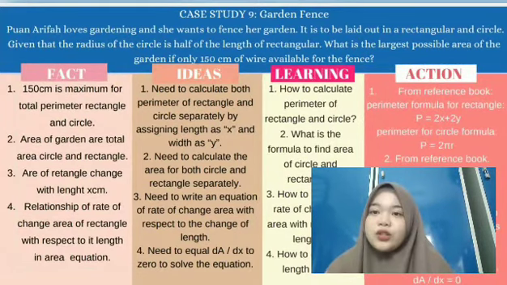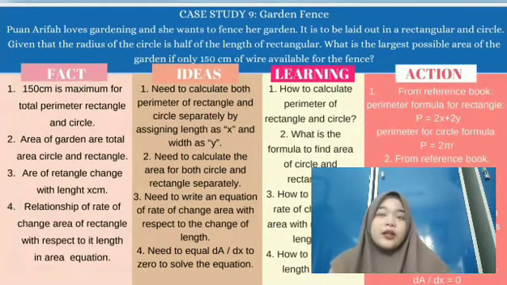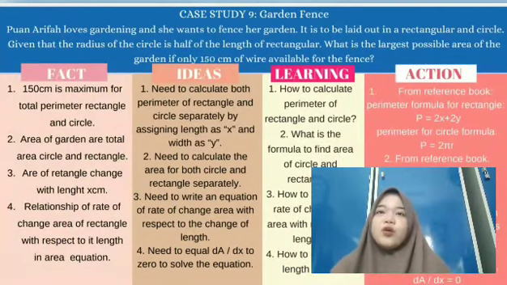So, for idea, the first idea is we need to calculate both perimeters of rectangle and circle by assigning length as x and width as y. Second, need to calculate the area for both circle and rectangle separately.